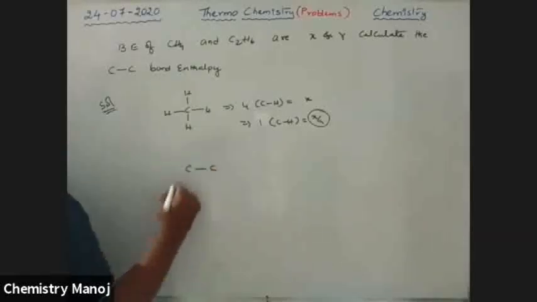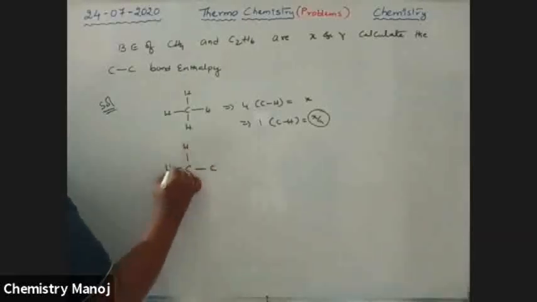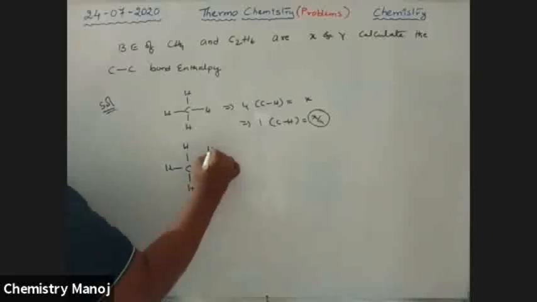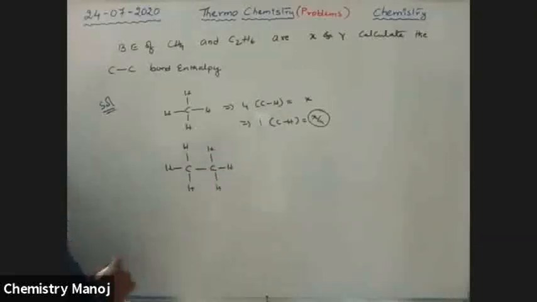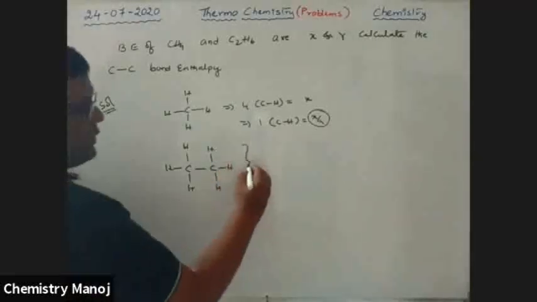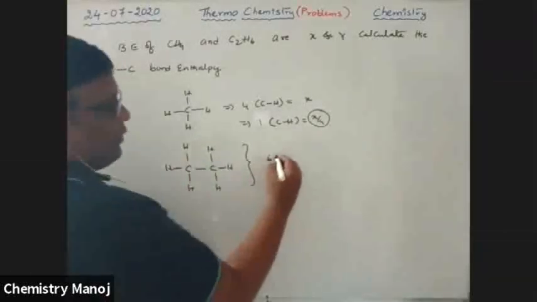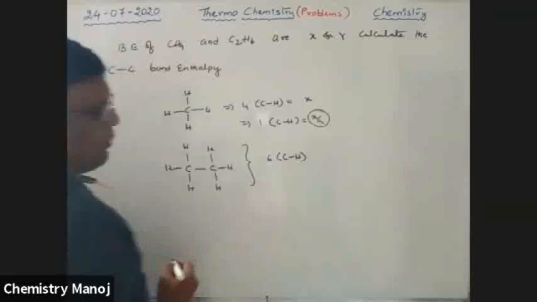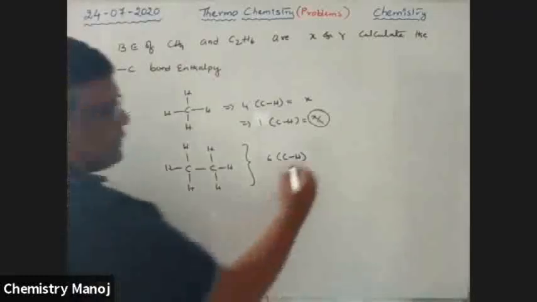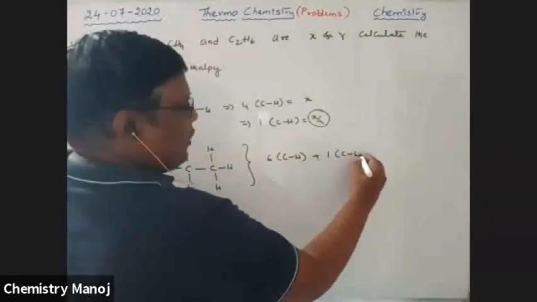Ethane means 2 carbons, each with 3 hydrogens. So this contains 6 CH bond enthalpies (1, 2, 3, 4, 5, 6) plus 1 CC bond enthalpy.